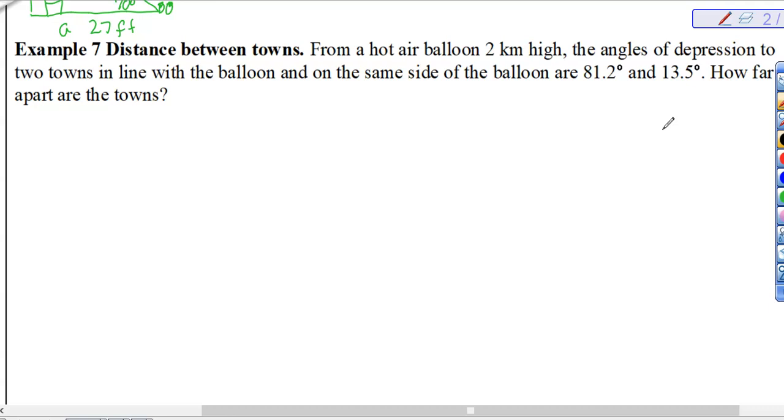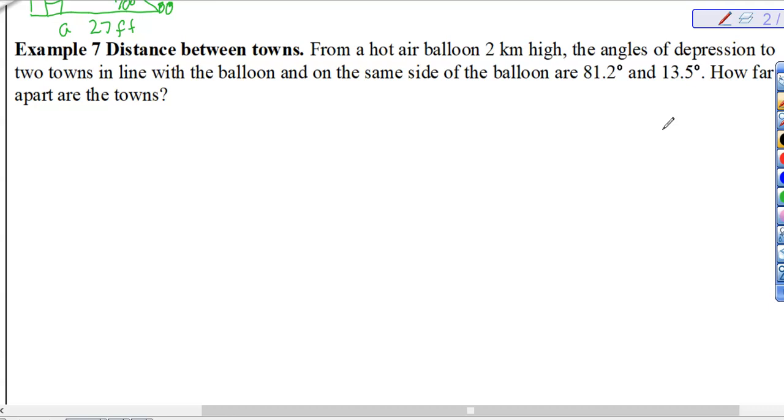From a hot air balloon 2 kilometers high, the angles of depression to 2 towns in line with the balloon. So they're in the same line. Okay, you can draw a straight line between the balloon to the town to the other town. Straight line. And the towns are on the same side of the balloon. And their angles of depression are 81.2 degrees and 13.5 degrees. How far apart are the towns?